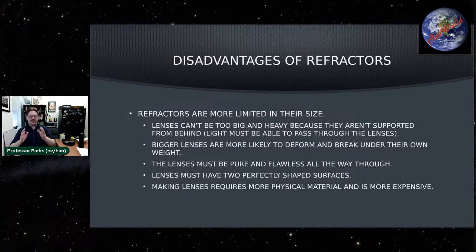All major telescopes, definitely modern research instruments, are reflecting for a couple of different reasons. One of which I've already described, which is the fact that the larger you build the telescope, the larger the aperture of the telescope, the longer the tube.